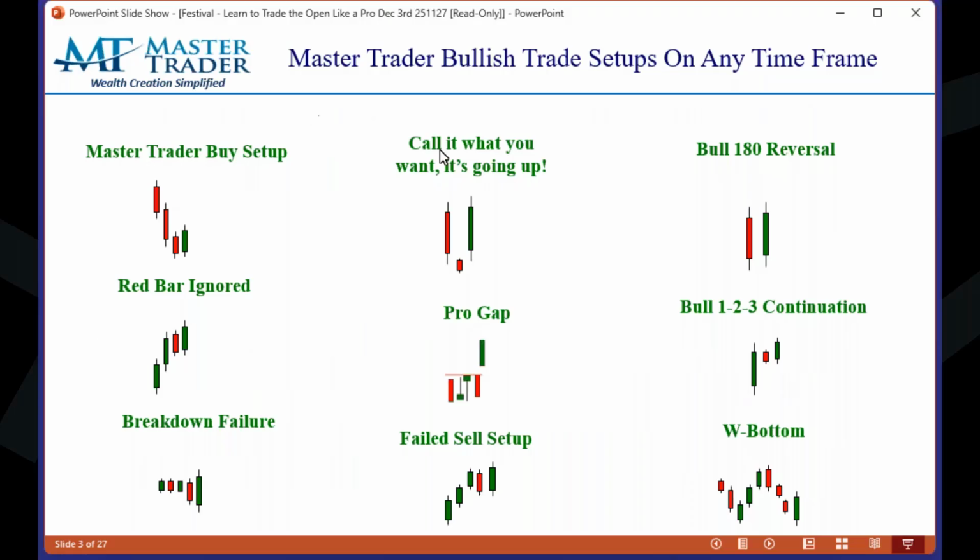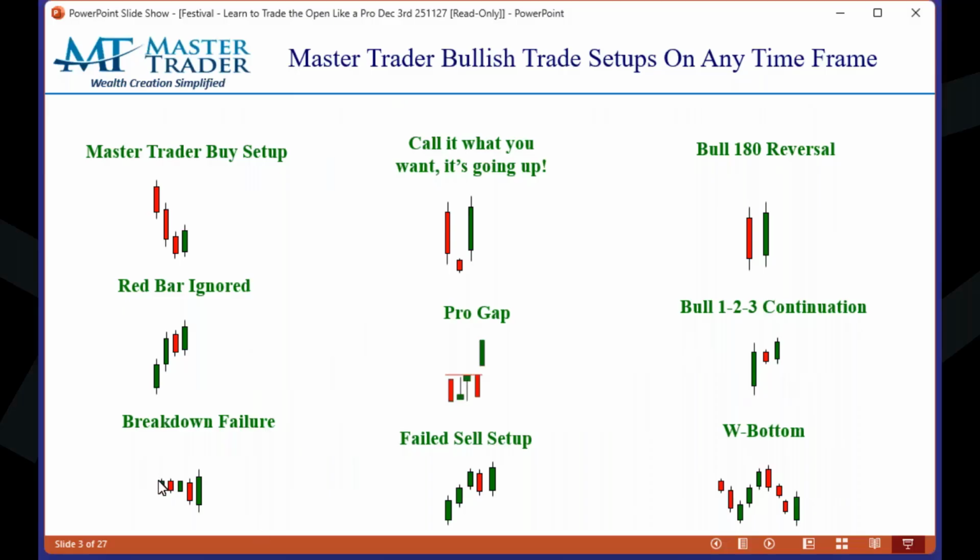These are just 9 pictures of all bullish. These are all bullish trade setups on any time frame. This W bottom on a 5-minute chart has the same message of a double bottom if you're trading a weekly pattern. Master trader buy setup, very simple. A retracement and reversal on support in an uptrend.